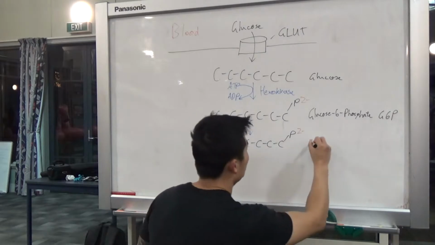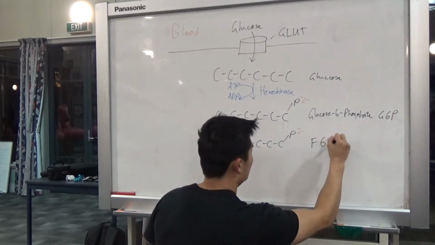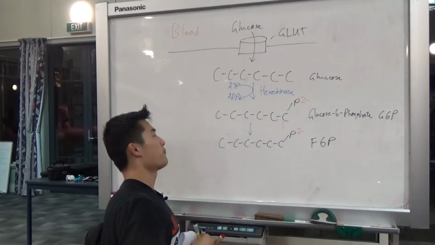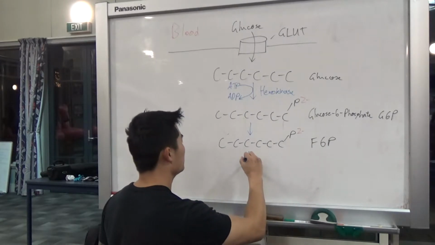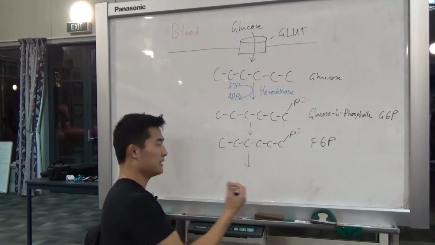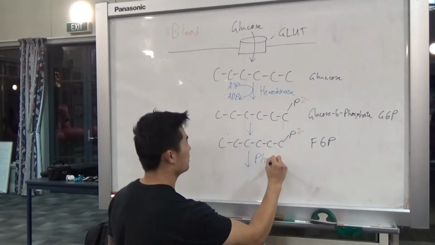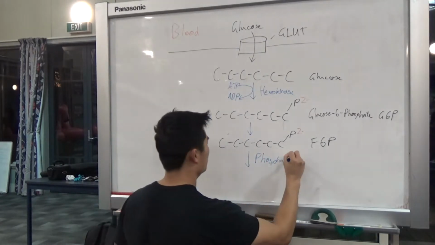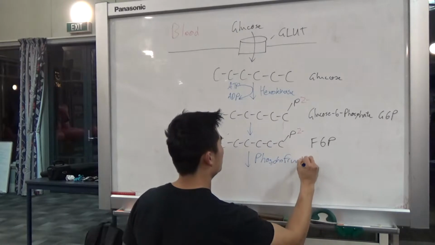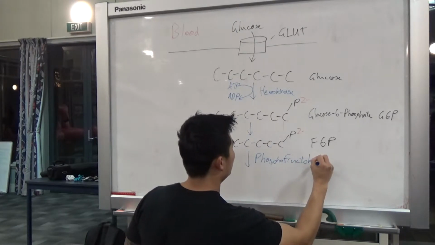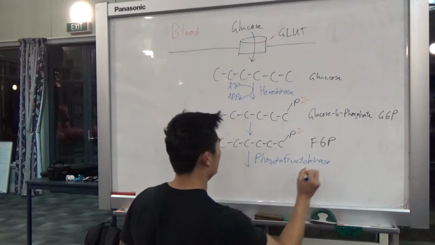So this is now fructose 6-phosphate, and then this next one is important. This one's catalyzed by phosphofructokinase. So that's in the name.